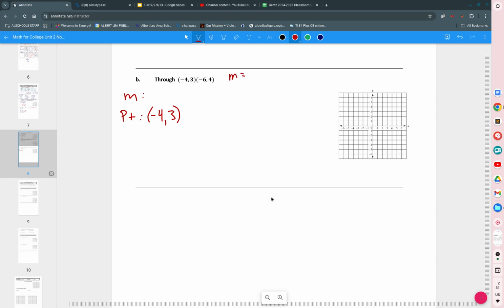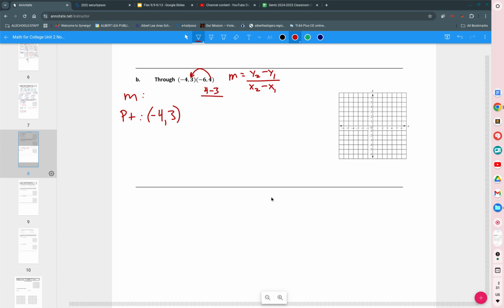Remember, the slope formula is y sub 2 minus y sub 1 over x sub 2 minus x sub 1. I subtract the y values, and I subtract the x values. So on top, I have 4 minus 3.